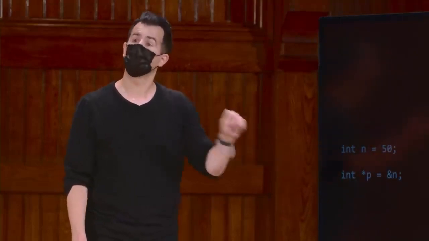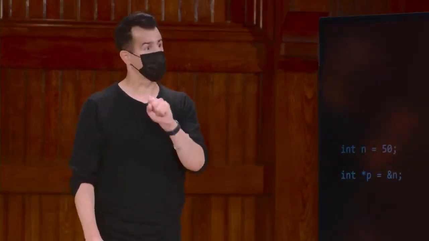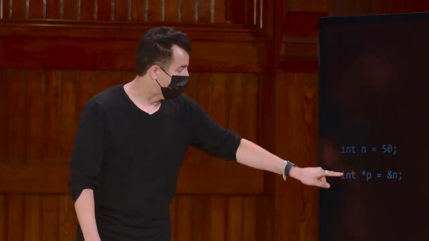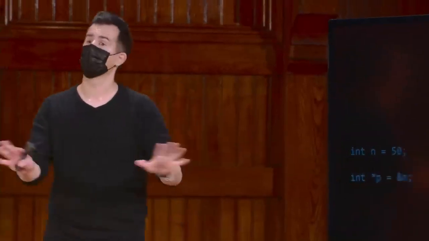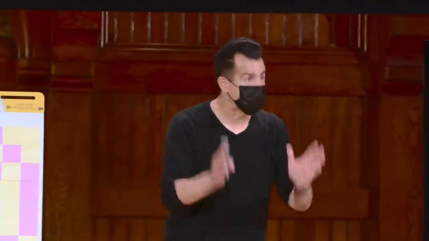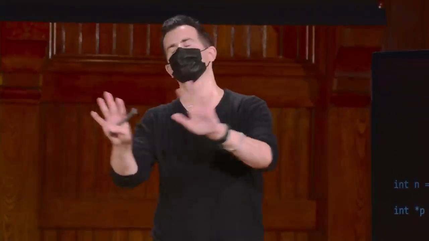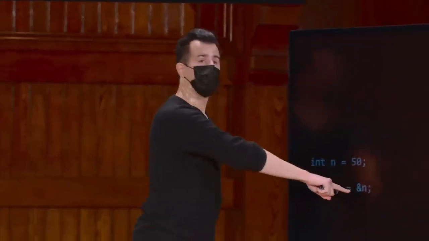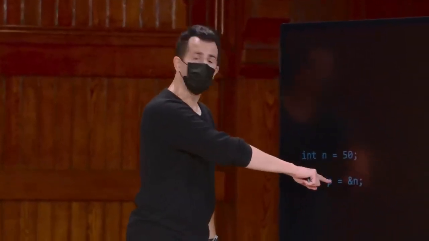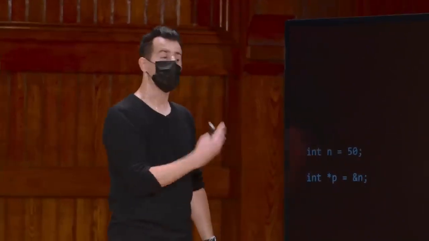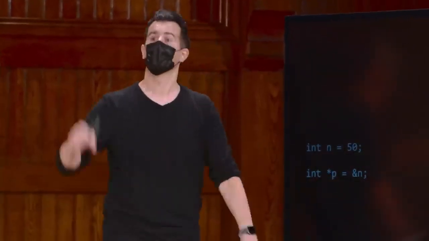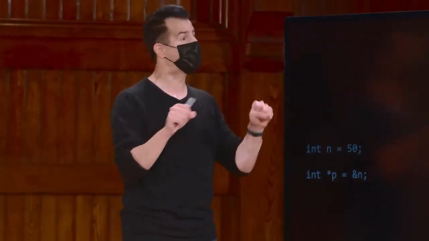If you want p to be a pointer, that is the address of some other variable, you do int star p. And the star just tells the computer, this is not an integer per se. This is the address of something. That yes is an int, but we're just being more precise. So on the right-hand side, you have the address of operator. As always, with the equal sign, you copy from right to left. Because ampersand n is by definition the address of something, you have to store it in a pointer.